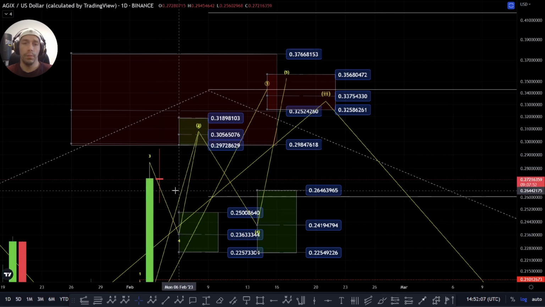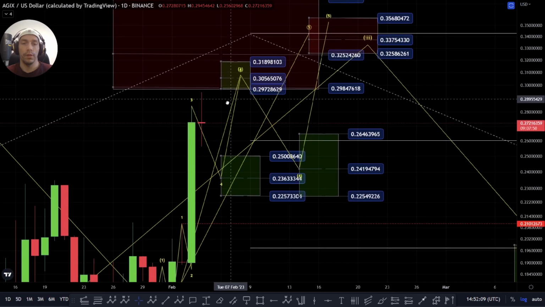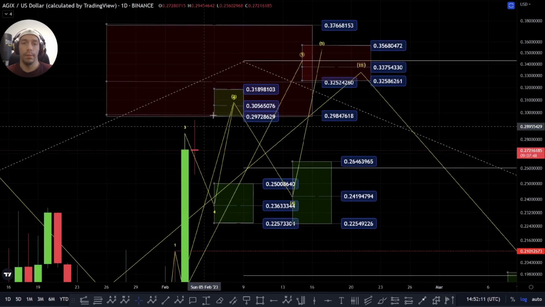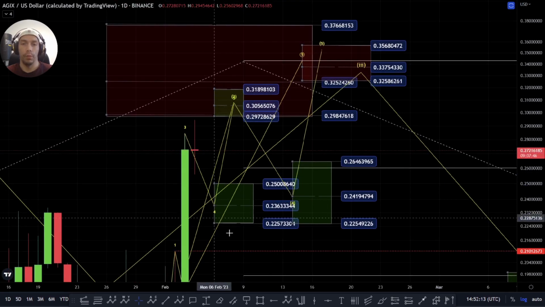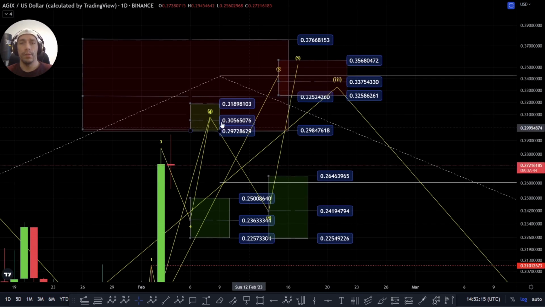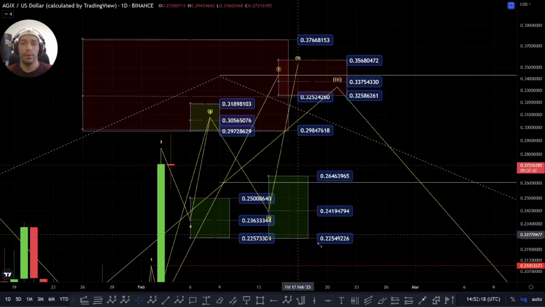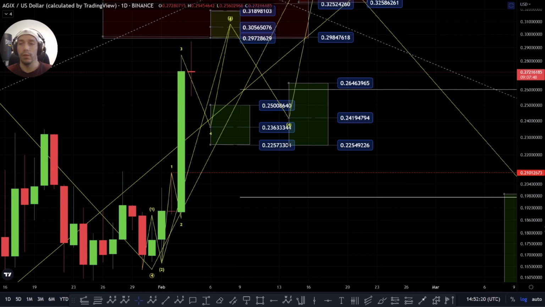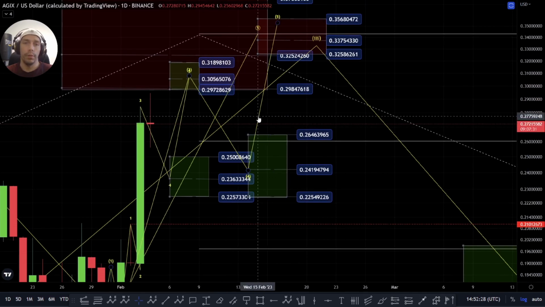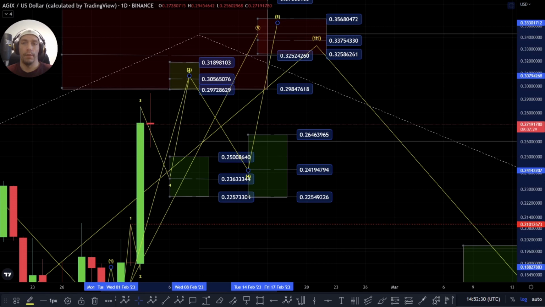However, there is potential that we could see further extension within this, like I said, and we just move up and then we have that fourth wave at a later point. So that's something that can play out. But effectively, this is what I'm looking at until we actually break down past this 21.01, and then ultimately the second invalidation would be at 18.85. So that would be for this secondary move that we have here.